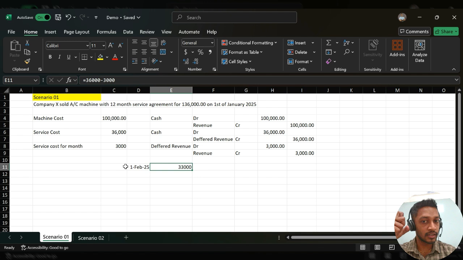Hope you have some understanding of how we have to identify billing and subscription. This is some kind of example related to AC machines. But when it comes to Dynamics 365 licenses, if you are selling a license for a 12-month period, you cannot identify the whole revenue for 12 months.